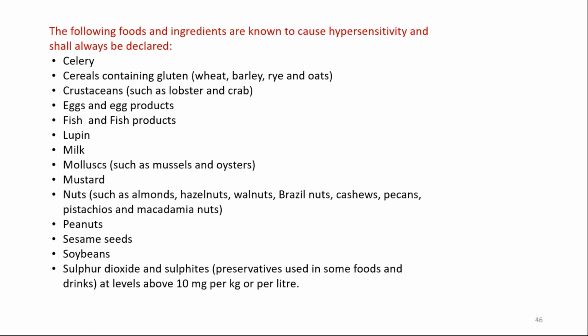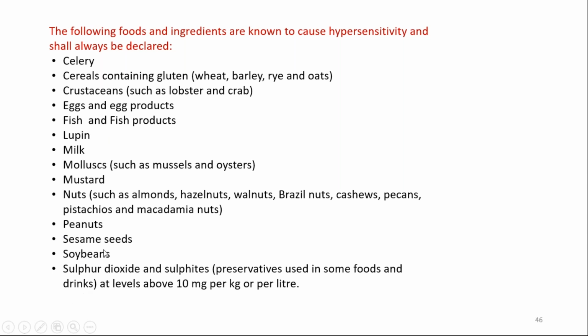The ingredients that are known to cause allergies and hypersensitivity are celery, fish products, eggs, prawns, milk and milk products, mollusks, mustard, all types of nuts, peanuts, sesame, soybean, and sulfur dioxide.